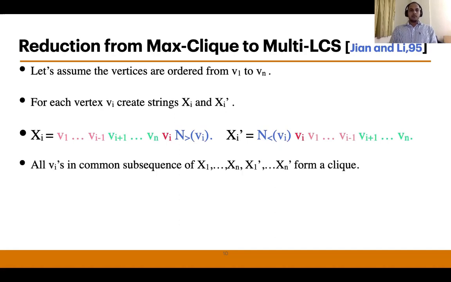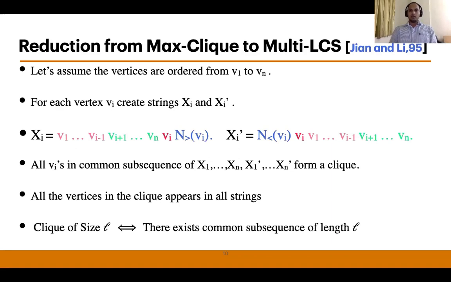So we get that for all Vi's in a common subsequence of x1 to xn and x1 prime to xn prime, they form a clique. And we also note that all the vertices in the clique appear in all strings. So in total, there exists a clique of size L if and only if there exists a common subsequence of length L.